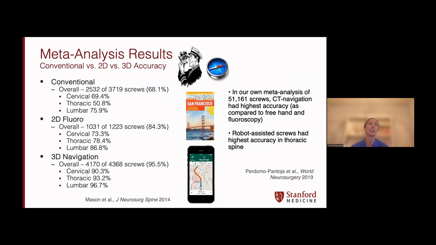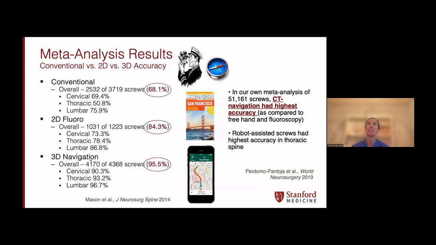We have looked very carefully at screw accuracy placement rates when you go from conventional placement free hands to 2D fluoroscopy and 3D navigation. And you can see that across all areas of the spine, cervical, thoracic, and lumbar, we have an incredible increase in the accuracy of screw placement rates when we go from free hands to fluoroscopy and finally to 3D navigation.